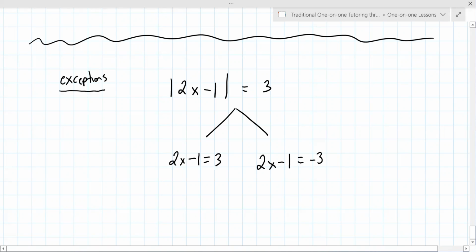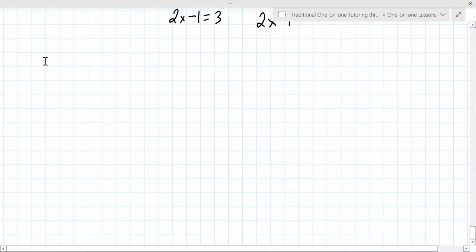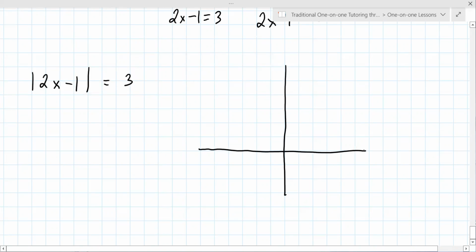Perfect. Now what I'm going to do is grab this and make a really rough sketch of what this means. On the left, this thing hits right here at 1/2, and it looks something like this.